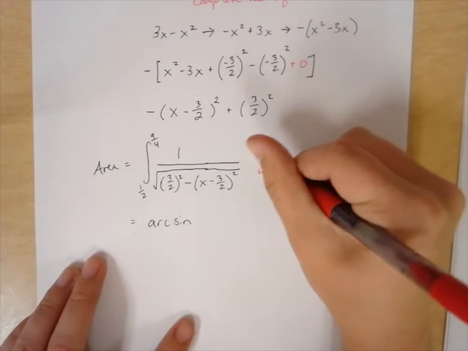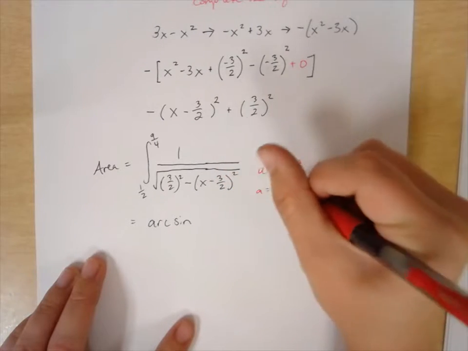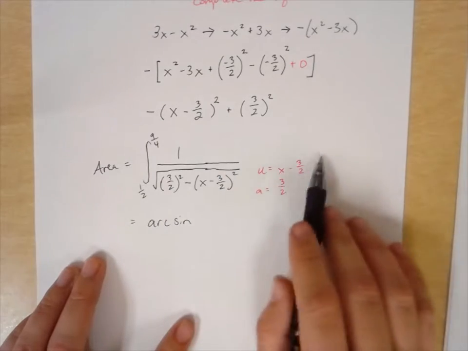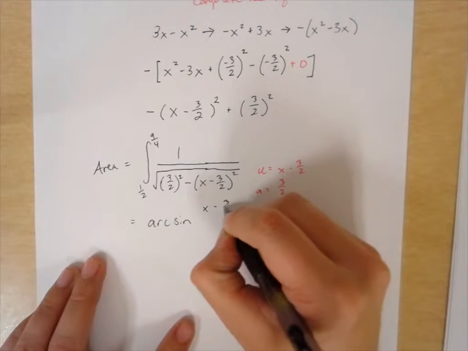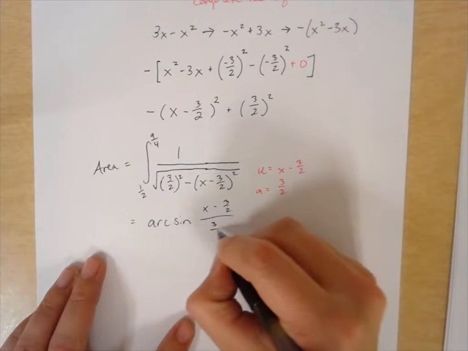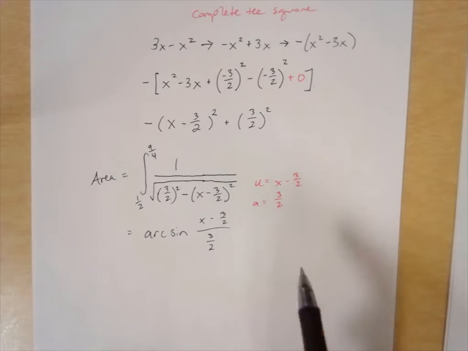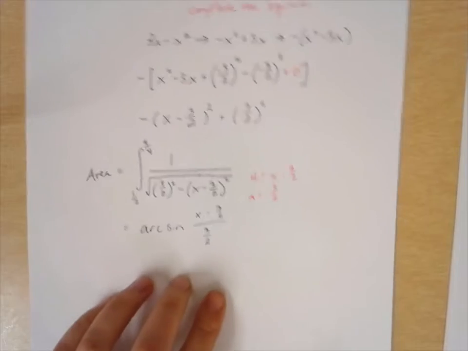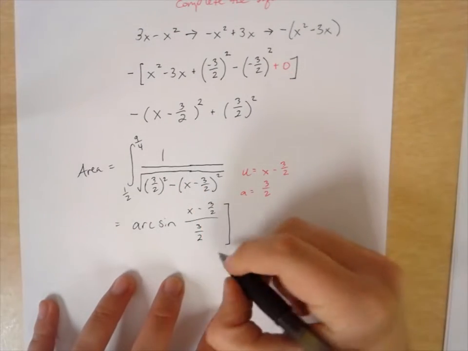U is x minus 3/2, and our a is just going to be the 3/2. So if I do arc sine u over a, I get x minus 3 halves over 3 halves. But again, this isn't an indefinite integral this time. This is a definite integral, so I'm going to have to use the fundamental theorem of calculus, and I'm going to have to evaluate it.